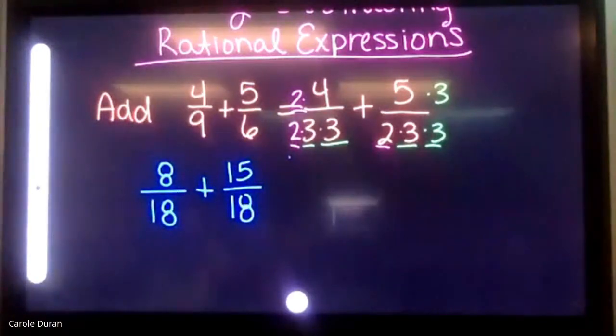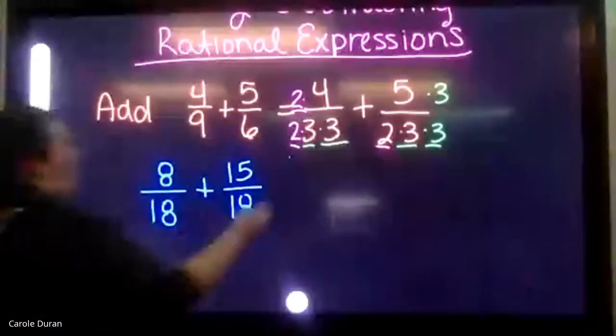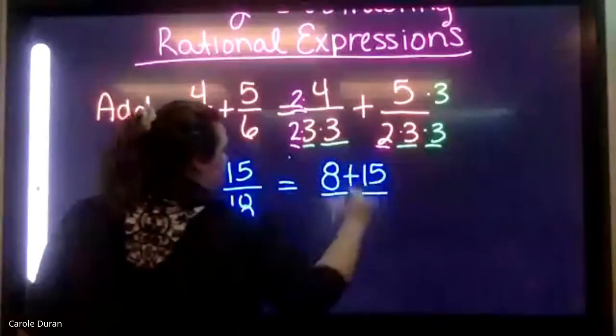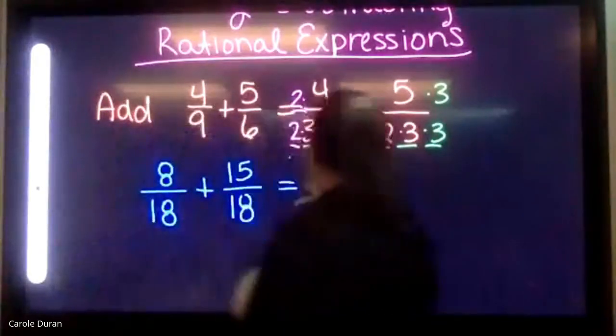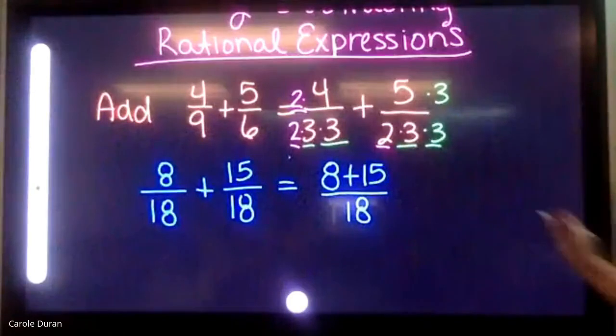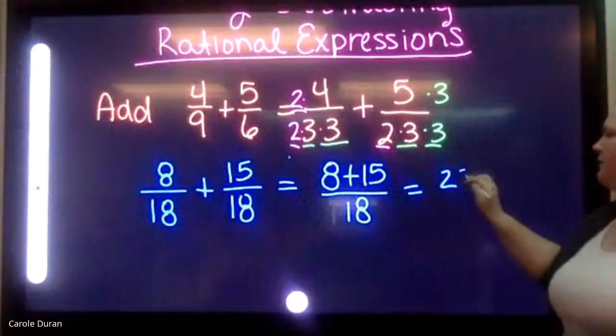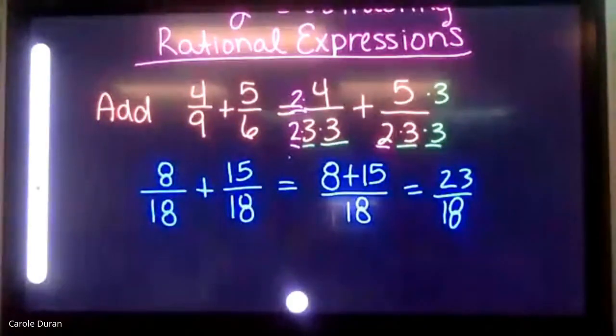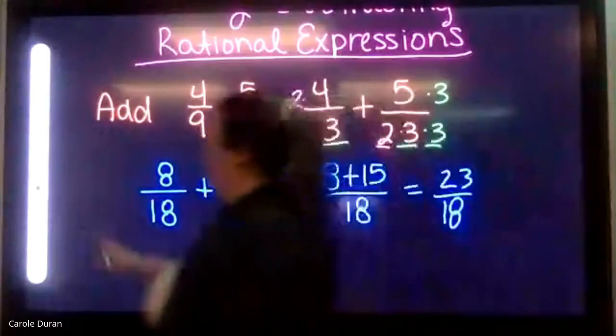I notice that both denominators are 18, which is what I wanted, which allows me to rewrite it as one fraction with that common denominator present. And then I simplify the numerator as far as I can, which becomes 23 over 18. So we added these two fractions by creating a common denominator and then simplifying the numerator.